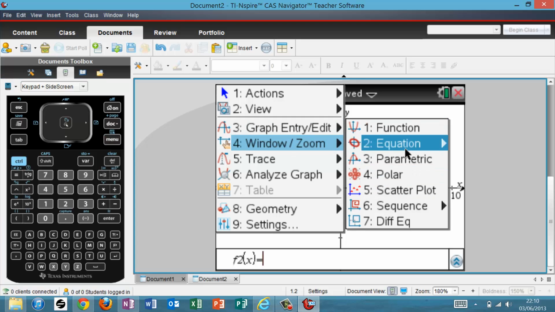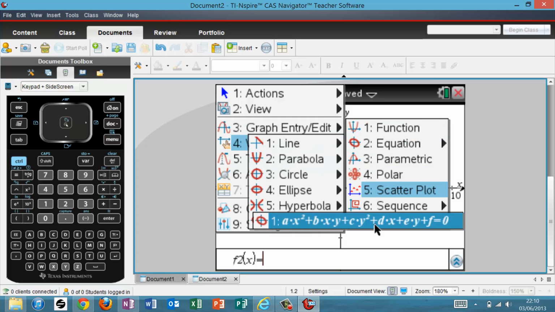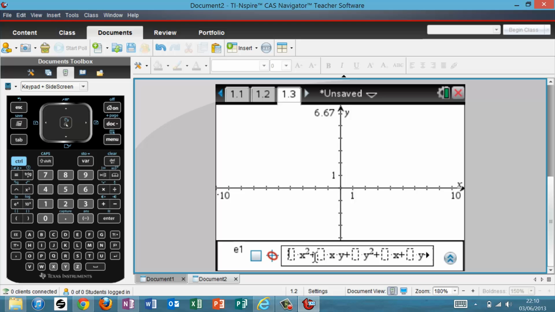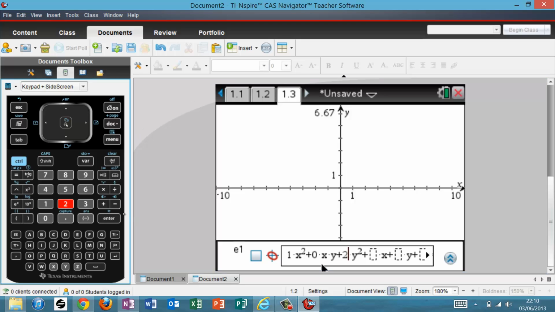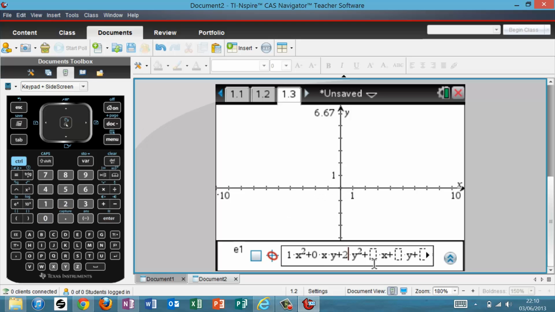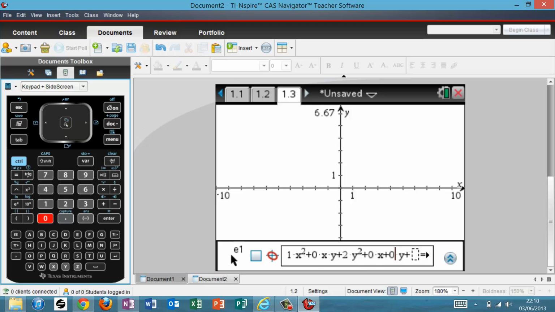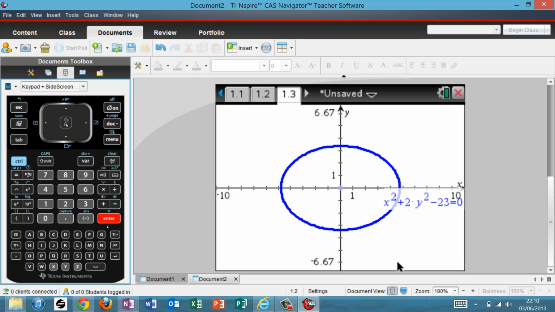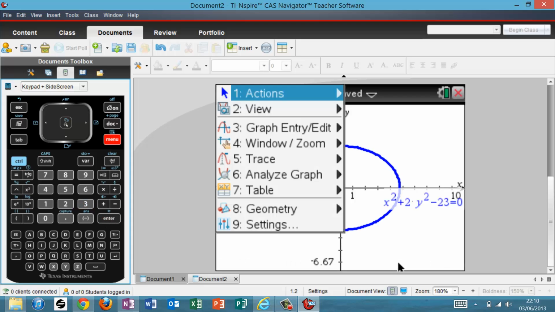Graph entry, equation, conic section, general conic section. So 1x squared plus 0xy plus 2y squared plus 0x plus 0y, and then -23. That's the first equation. Boom. Ellipse. Let's go enter a second one.